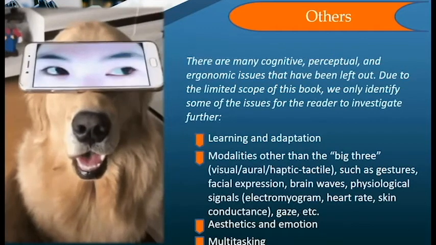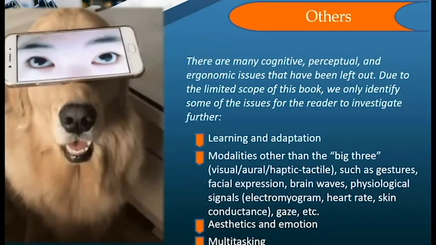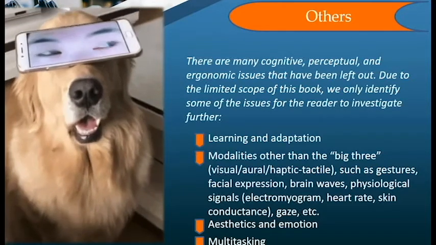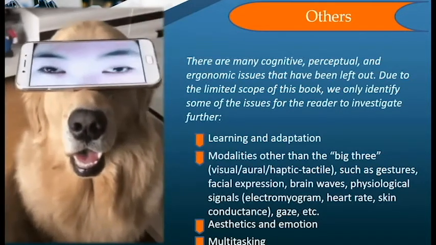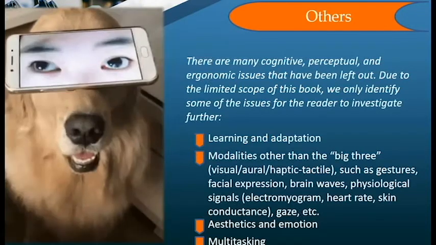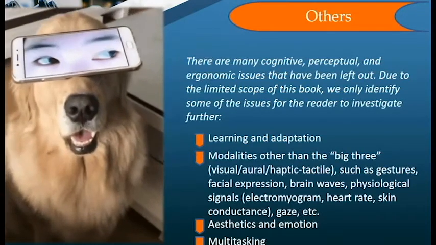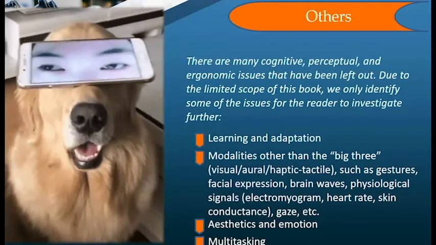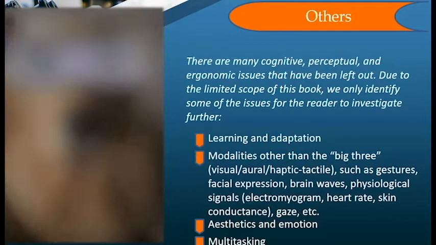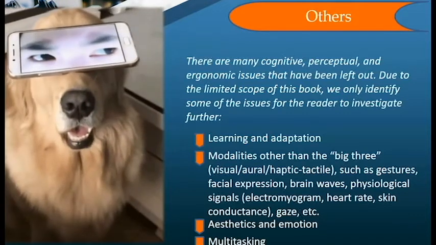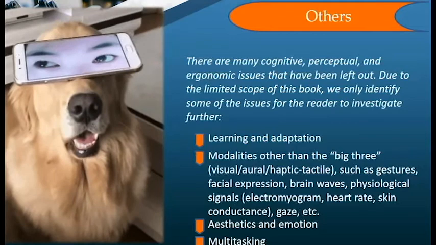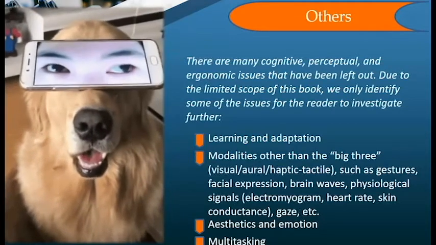Just to summarize everything, in this chapter we have reviewed the essence of human factors, including sensation, perception, information processing, and Fitts law as the foremost underlying theory for the design of interfaces for human-computer interaction.